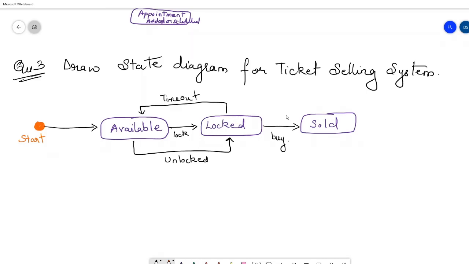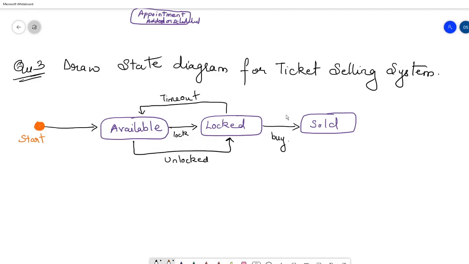So that would be available for booking. You can select them, you can lock them, and that would be sold to the people. Okay, so it's according to my thought. It's according to my view.